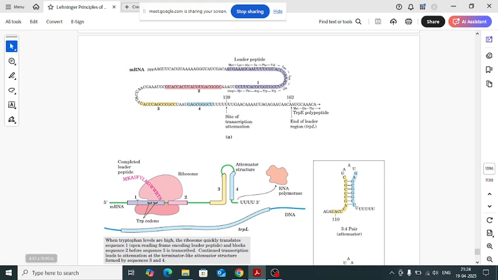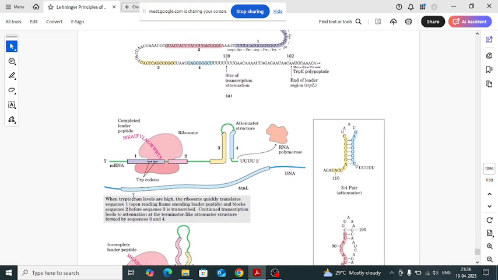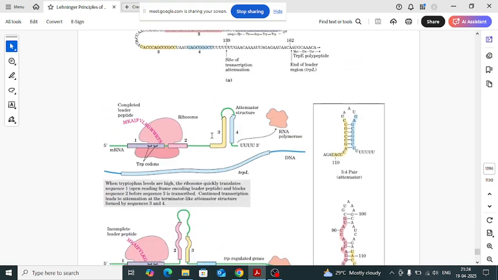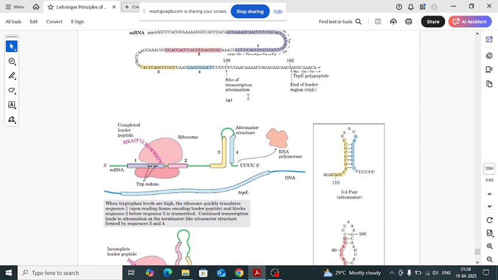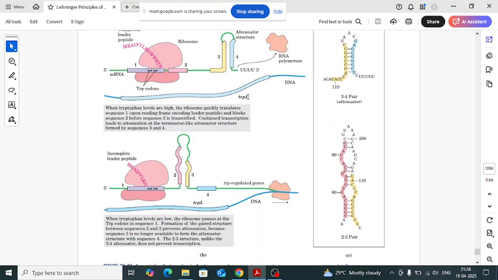So this is the leader peptide mRNA, and this mRNA is used for the translation of the leader peptide chain by the ribosome, right? But when 3 and 4 make this attenuator structure, then RNA polymerase will be dissociated, so that the transcription will be halted, right?